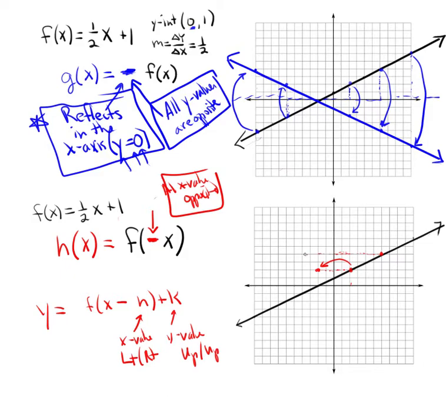2, 4, 6 over to the other side of the y-axis. And I'll pick this last point up here. That was 10 over, so I know it's going to be 10 over on the other side of our y-axis. Now, on the other part of our graph, it's going to be 2 over.